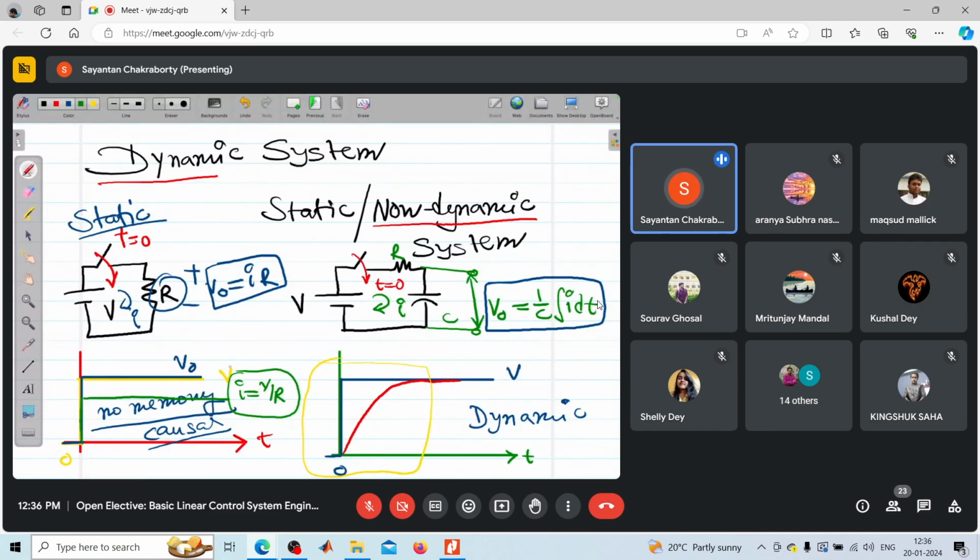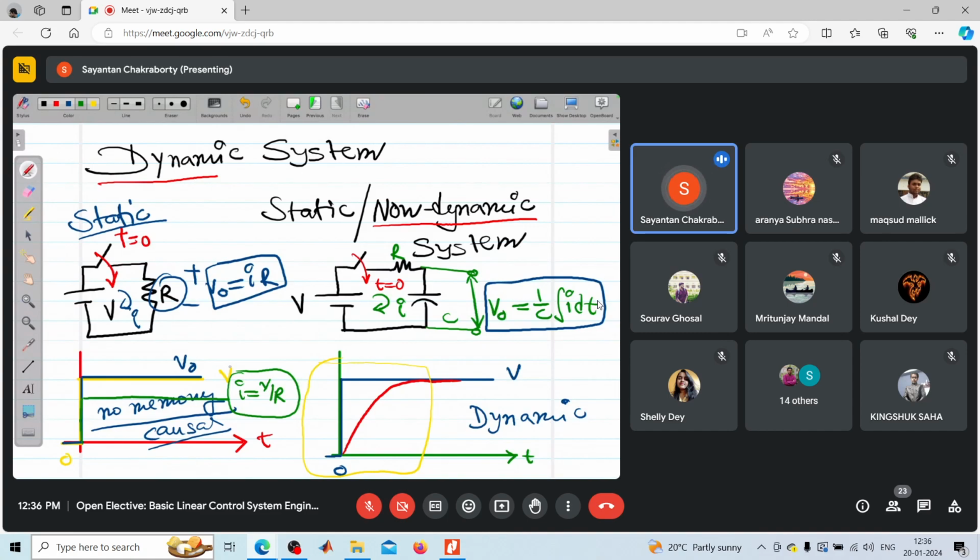And the dynamic system, as I already mentioned in the last class, most of the physical systems are dynamic in nature because of the inertia that they have. They tend to retard any change in condition or state instantaneously. So it will have to pass through a transition period, which is called a transient period. And that's why all the dynamic systems are described in terms of linear differential equations.